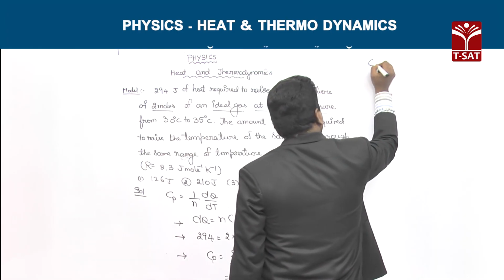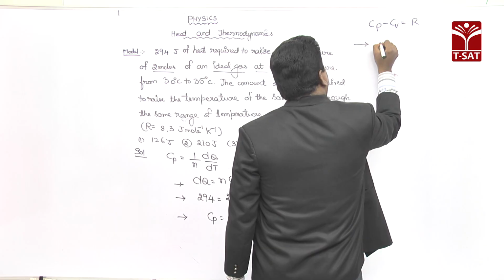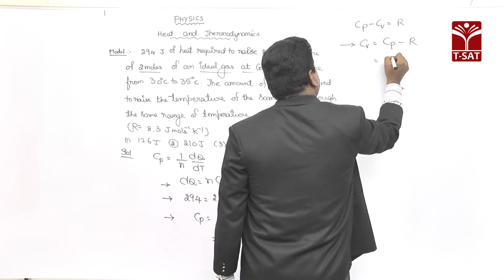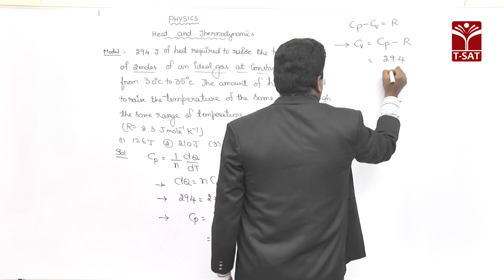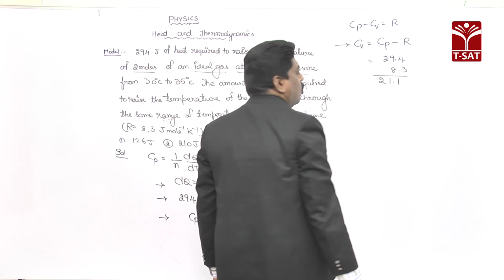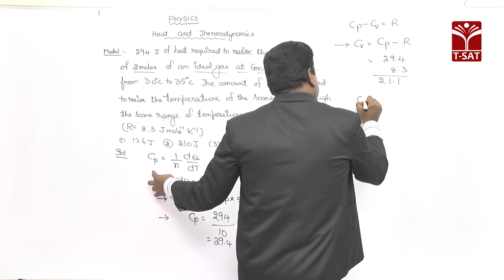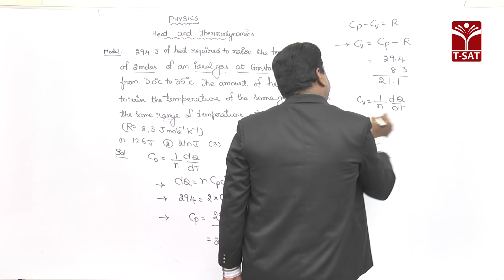From Mayer's hypothesis, we have Cp minus Cv equals R, and Cv is given as Cp minus R, so 29.4 minus 8.3, which we get as 21.1 actually. Now, we know Cv equals 1 by n dq by dt.